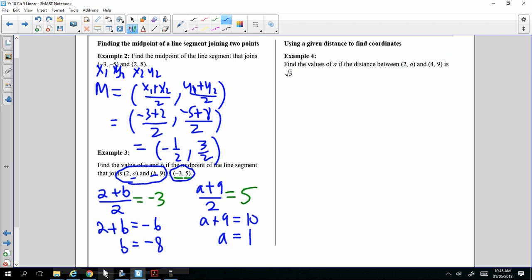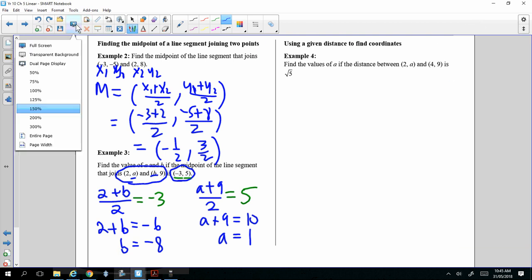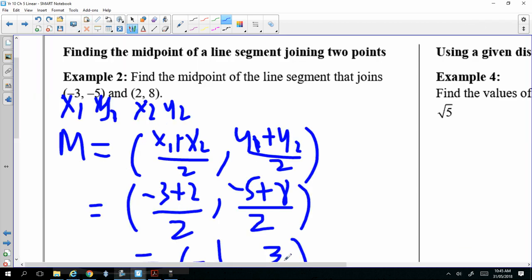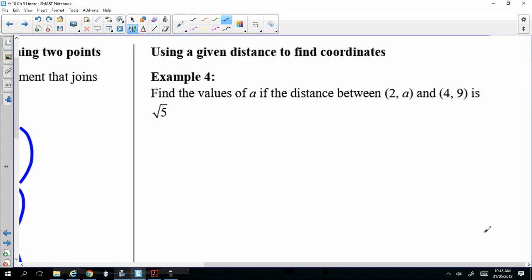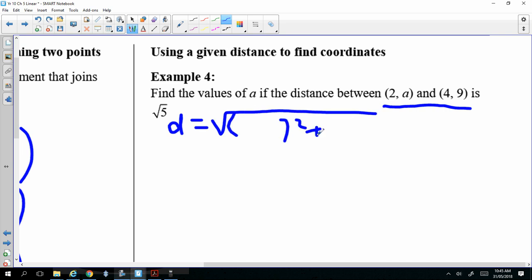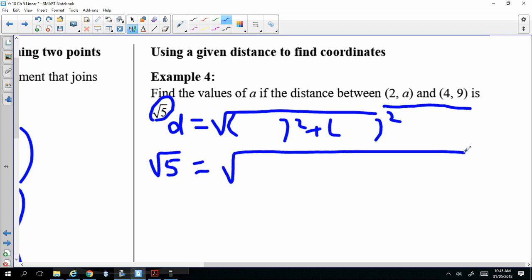Let's continue. So we'll do example 4. Example 4 is, so like before, we're going to apply the distance formula. So D equal to this thing, something square plus something square. So we're going to put that as your D, root 5, as square root, so x2 minus x1.